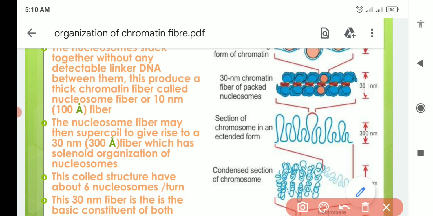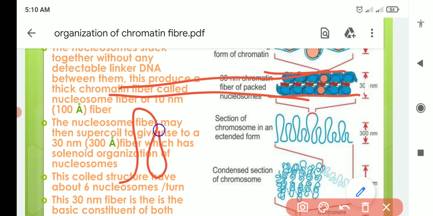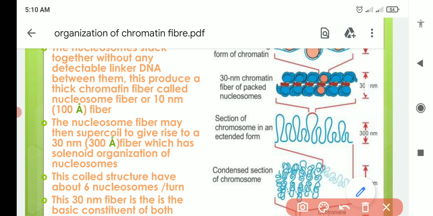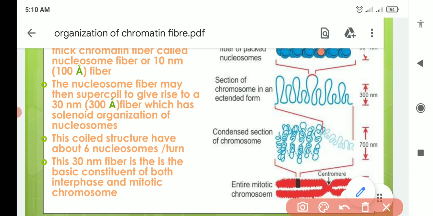Because it is a very long fiber, if it gets arranged in loops, its length will be reduced but its width will be increased. So ultimately it will get the 300 nanometer diameter, and this 300 nanometer chromatin will form the chromosome.